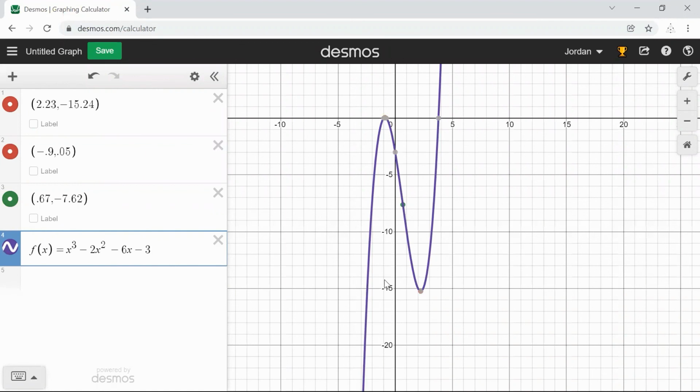Yeah, I drew it a little bit more elongated, but you can see that the general shape is what we thought it was. So the general shape is exactly what we thought it was, although I had drawn it a little bit thicker. So there you go. That's how that works.